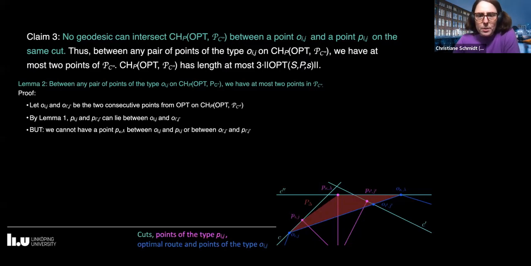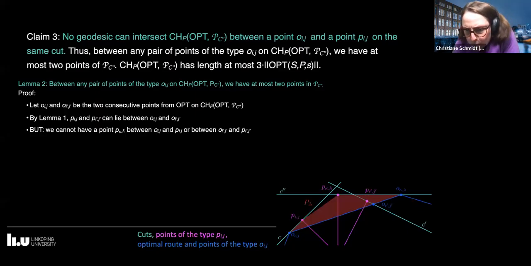And now what we assume is that we have another point. Well, what we know by the first part here is that between Oij and Pij and Oi prime j prime and Pi prime j prime, there can't be another point. So the point that we would want to have has to be between the two pink points. So another pink point has to be between the pink points intersecting.